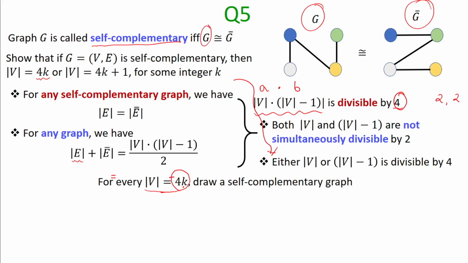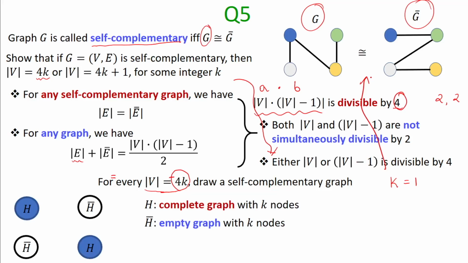So if k is equal to 1, then this is the self-complementary graph, but you can't draw a distinct self-complementary graph for each and every value of k. I just want to draw a general graph, right, which unifies all self-complementary graphs with 4k number of nodes. So how do we do that?